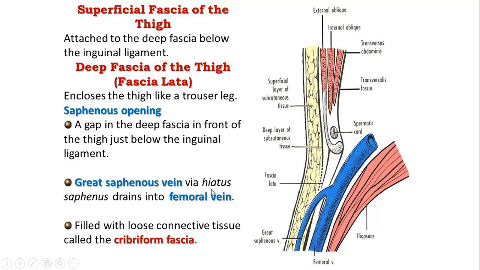This gap is filled with connective tissue named the cribriform fascia. Although it is not a true fascia but a loose connective tissue that fills the gap, it is named cribriform fascia.